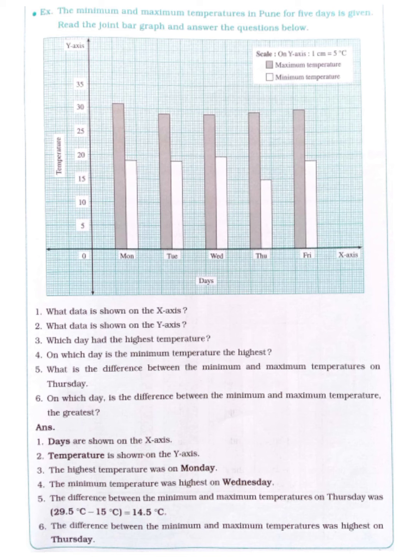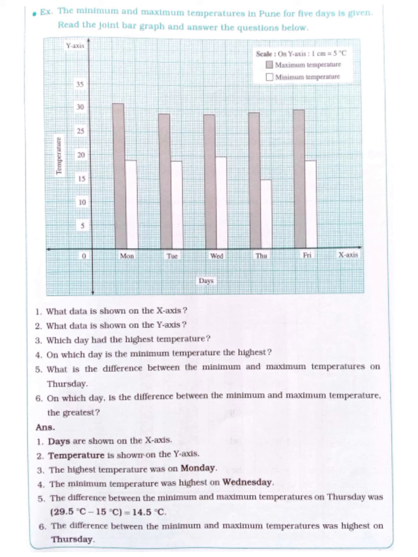Third question is, which day had the highest temperature? Let's have a look at the columns. On Monday, if you observe, the grey color shows maximum temperature, which is almost 32 degrees Celsius. So, the highest temperature was on Monday.